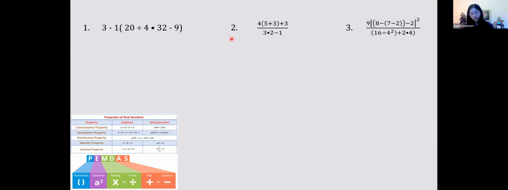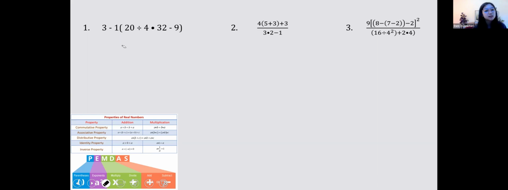All right, so it's been 5 minutes. We will now solve these problems. Okay, so first, what is our first step? According to PEMDAS, we will be doing the stuff within the parentheses first.